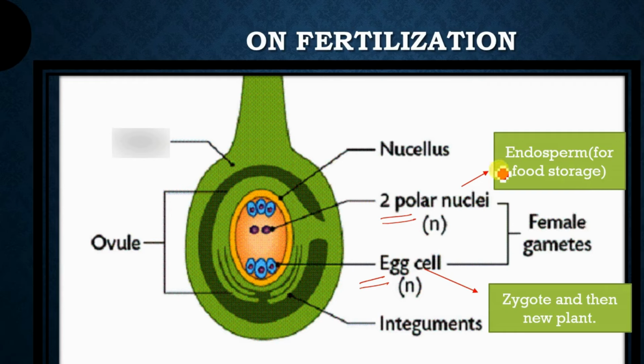So that is the function of the endosperm. The integuments, the outer and the inner, give rise to the seed cover. So the cover of the seed is formed from the integuments. The zygote will develop into the embryo and into a new plant. The endosperm is formed from the fusion of the polar nuclei and the male gamete.